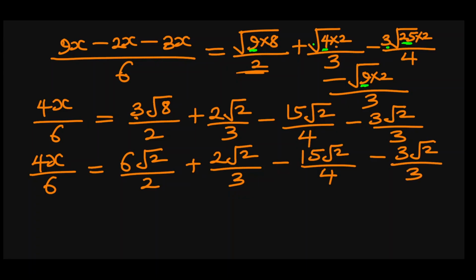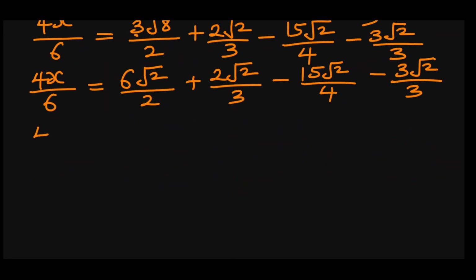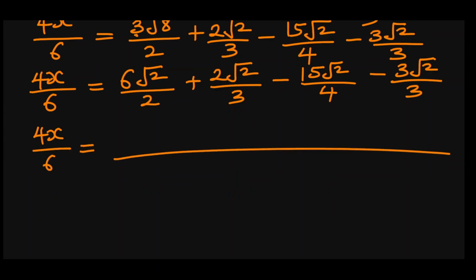Now let's find the LCM of these. So 4x over 6 is equal to, the LCM of 2, 3, and 4 is 12. So we use 12. How did we get it? Just for a refresher, the LCM between 2 and 4 is 4. Then between 4 and 3, we just multiply: 4 times 3 is 12.